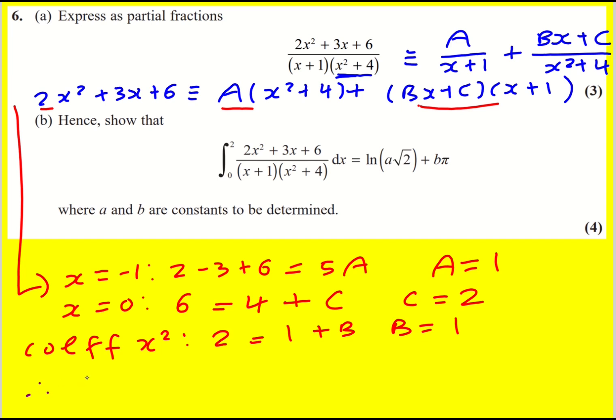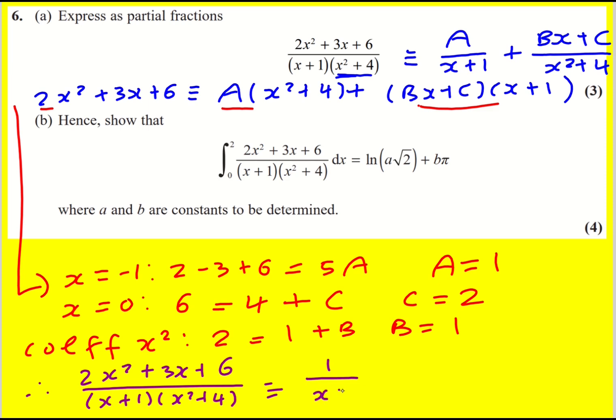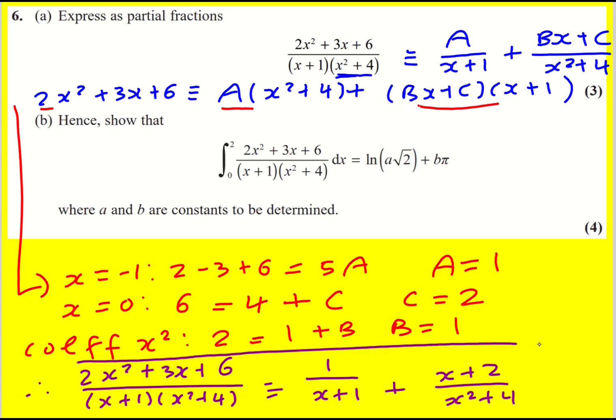And therefore, this becomes 1 over x plus 1 plus x plus 2 over x squared plus 4. And we've written it in partial fractions.